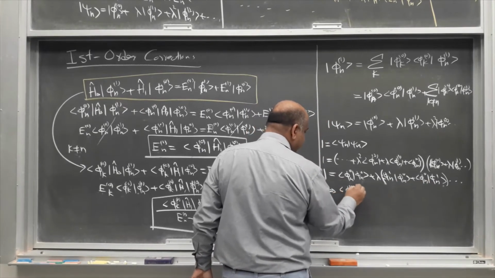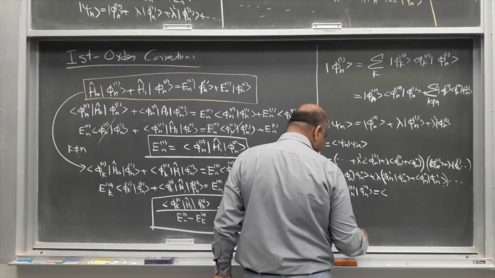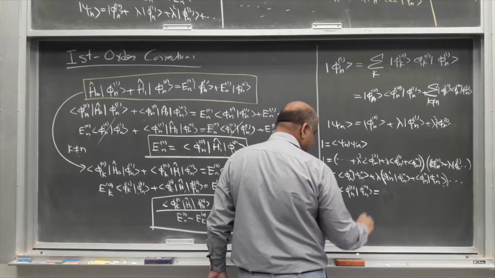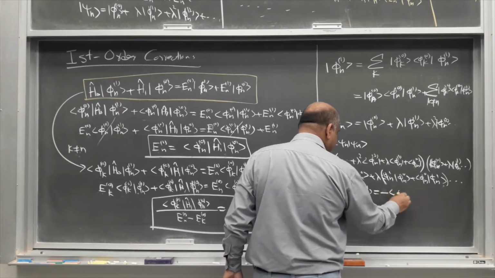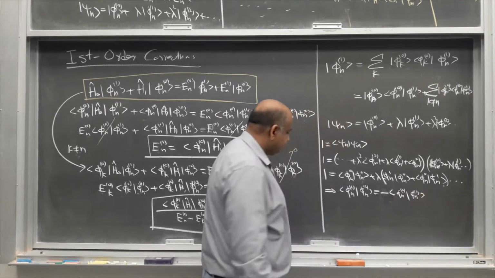the inner product of phi n1 with phi n0 should be equal to the negative of the inner product of phi n0 with phi n1.